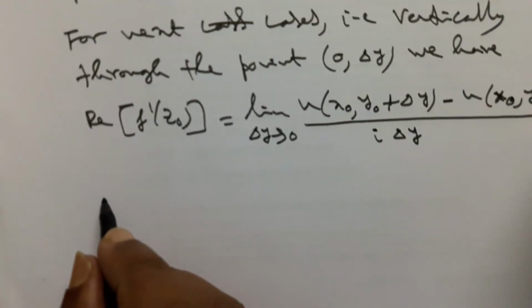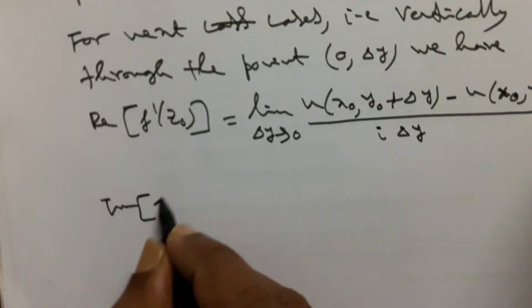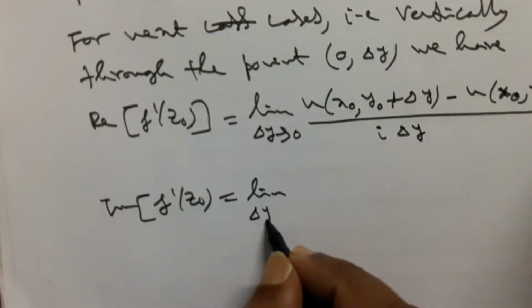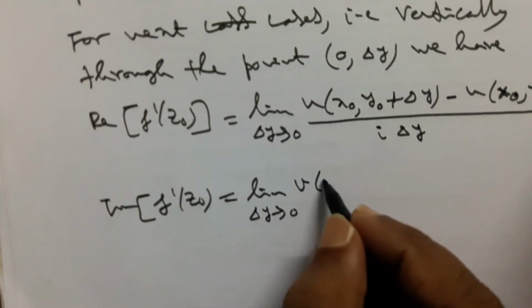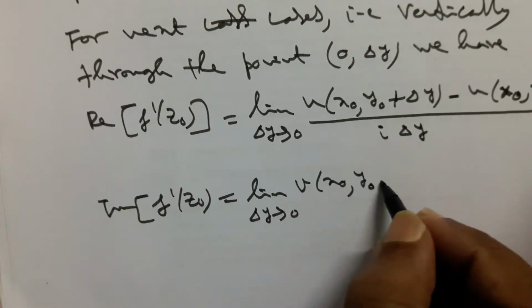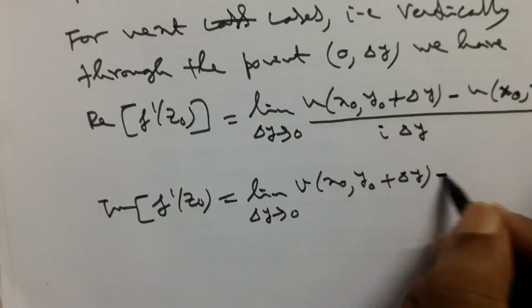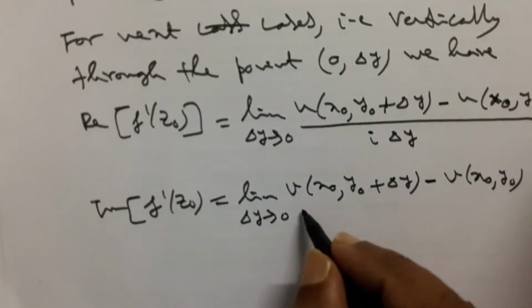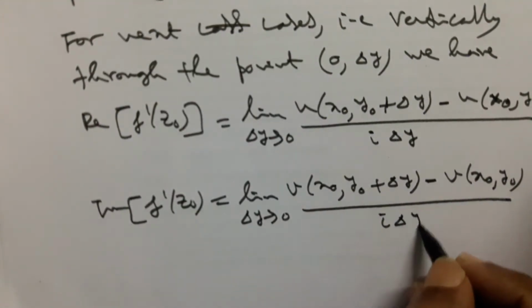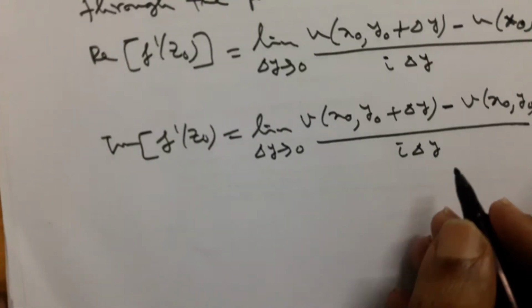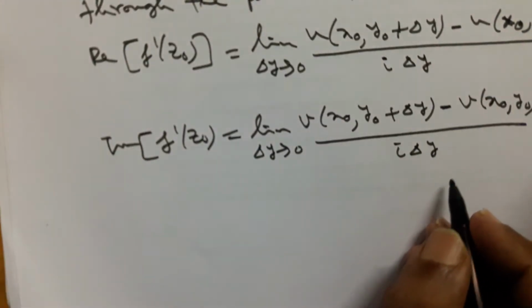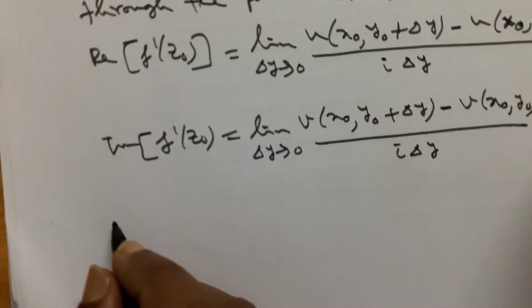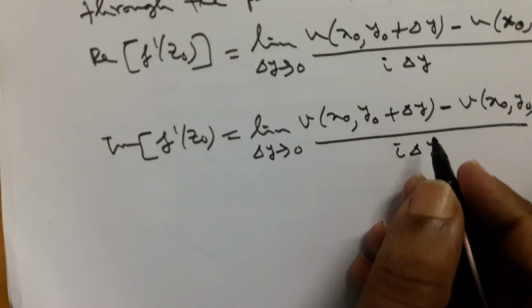And for the imaginary part of f dash z0, the limit as del y tends to 0 of v of x0, y0 plus del y, minus v of x0, y0, divided by i del y. And it is an obvious result.